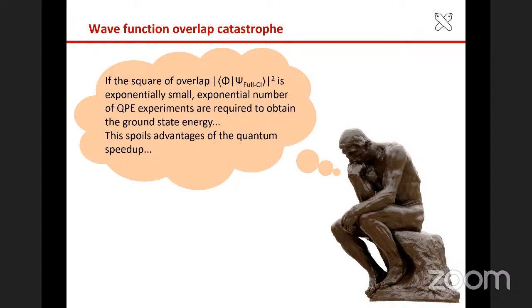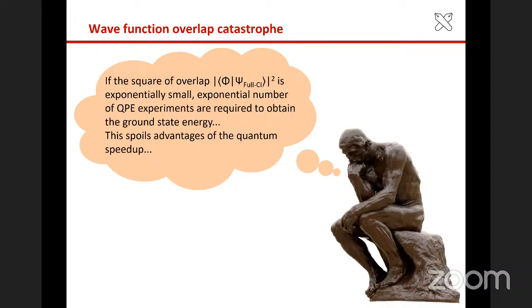Basically, the QPE itself can be done in polynomial time. So if we use the QPE, we can obtain one eigenvalue or the corresponding eigenfunction in polynomial time.